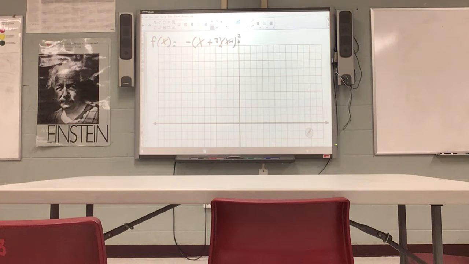So that says f of x equals negative (x plus 2) times (x minus 1) squared. So I'm going to give you a minute and see if you can come up with a graph of that. X minus 1, squared.